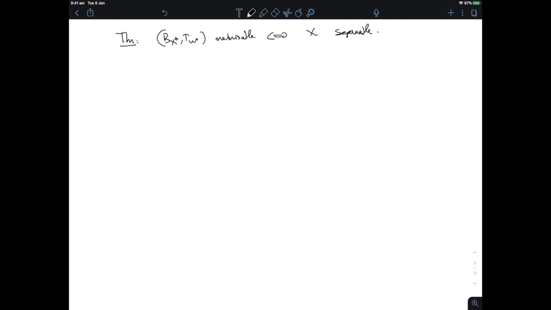Now let's start with the first direction, which is the simplest. So I'm going to start by assuming that it's metrizable. So I'm going to have d, a distance, such that as topological spaces, this space is homeomorphic to this space, right?